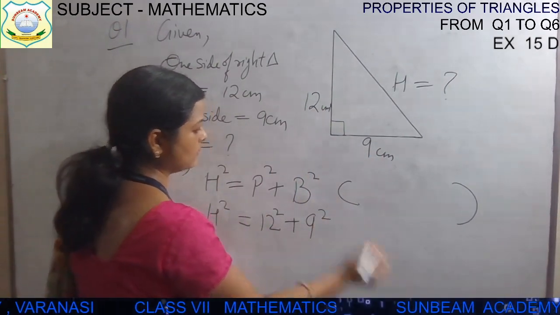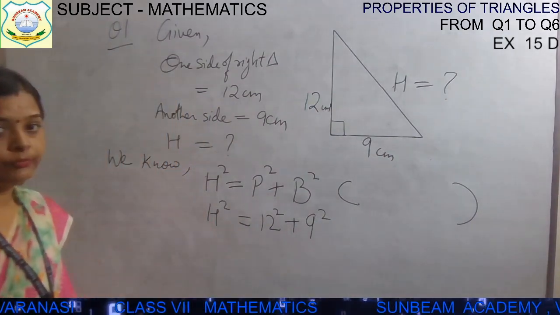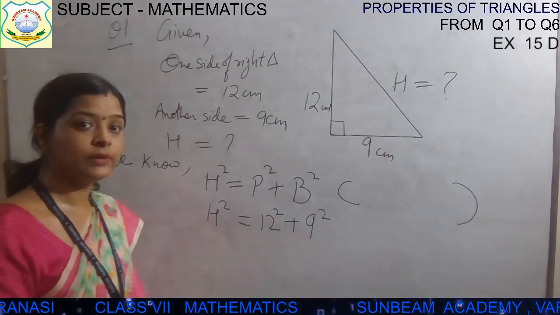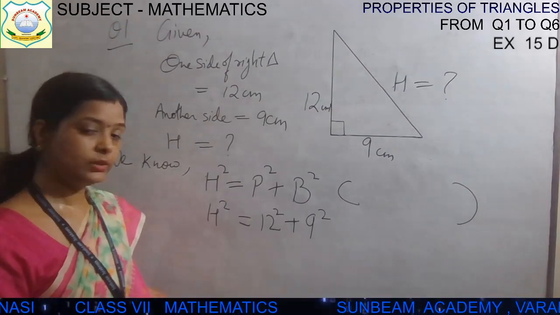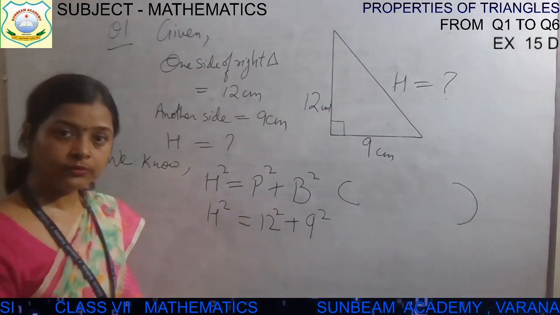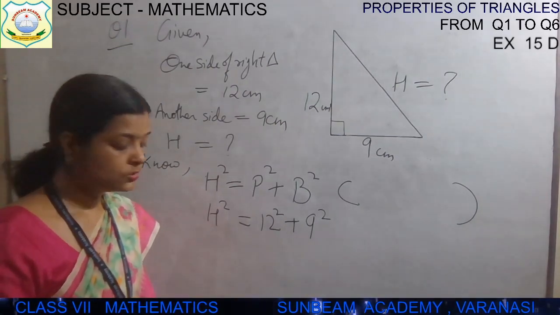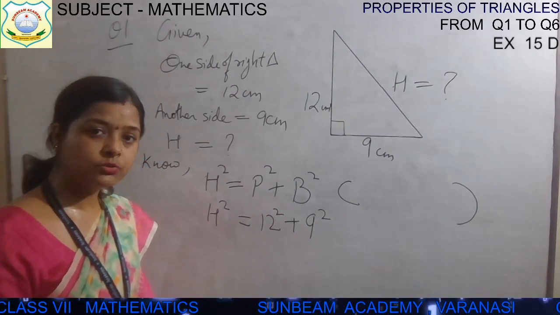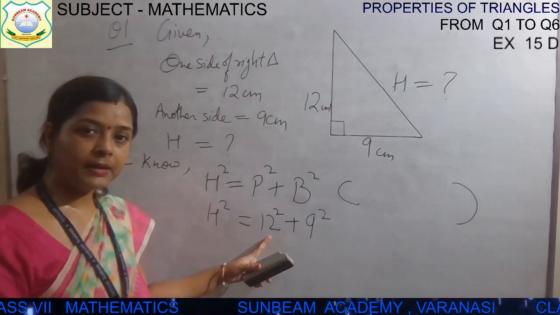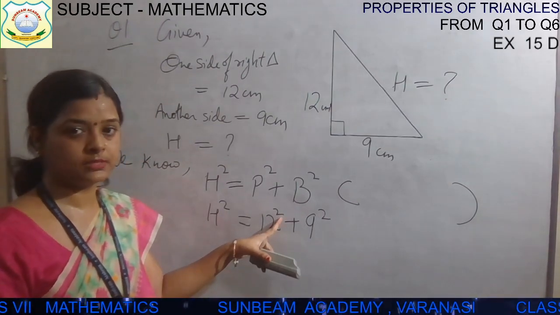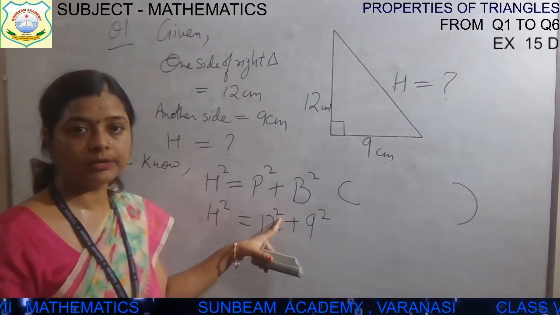So 9 square. Now, if you have remembered the squares, you can easily put the value. Otherwise, you have to do the calculation. 12 square means 12 into 12. 12 will multiply with itself 2 times. Square is there, na? The power 2 is written.